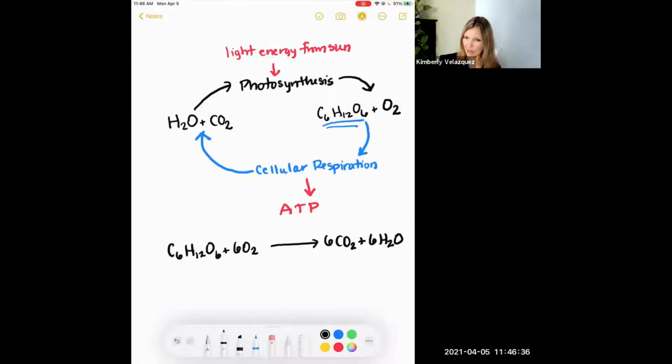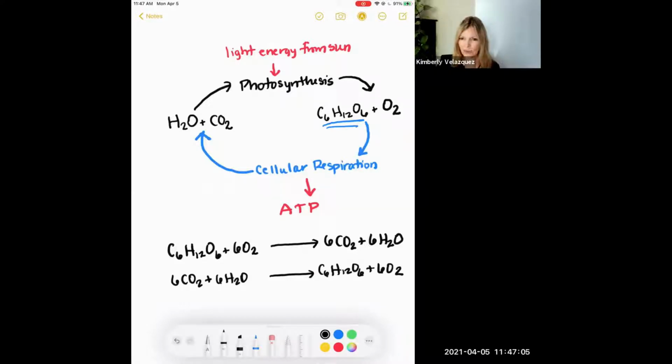The opposite of that was photosynthesis. So remember, photosynthesis was carbon dioxide and water becoming glucose and oxygen. So that's the connection between those two processes. Again, not all photosynthesis, but all living organisms carry out cellular respiration.